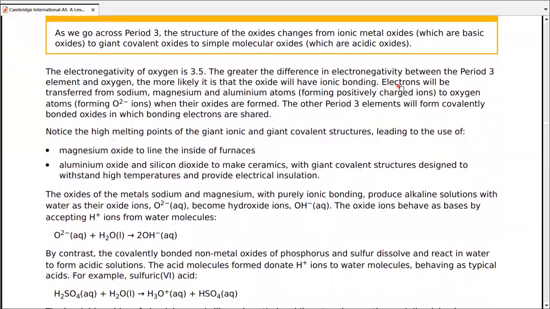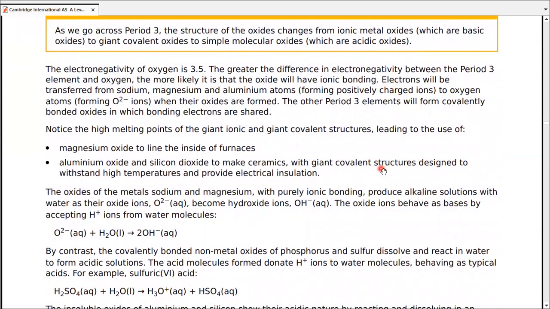The electronegativity of oxygen is 3.5. The greater the difference in electronegativity between the period three element and oxygen, the more likely that the oxide will have ionic bonding. That's a good explanation of the electronegativity-difference-based deductions that we made back in the bonding chapter, and we are making the same deductions here.